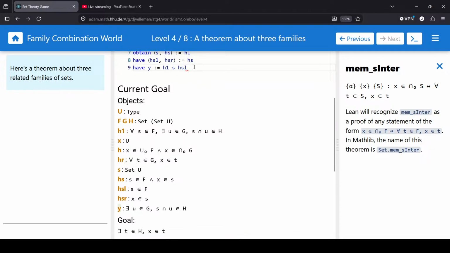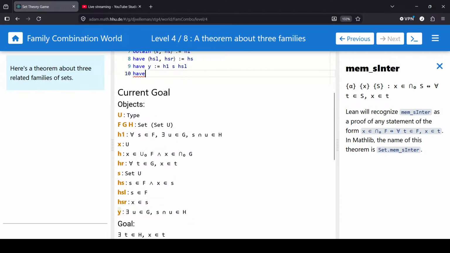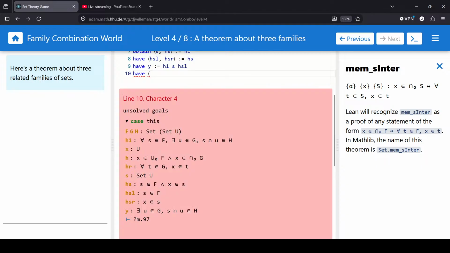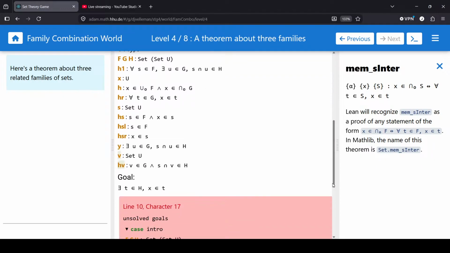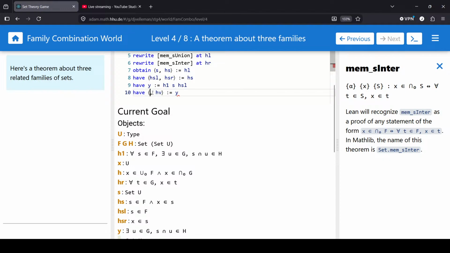Okay, now we need to break this guy down. Wait, we already have T. We already have U. Let's go with V. Then I can break down Y. Actually, I don't like V. V looks too similar to the OR operator. I'm renaming you. You're W now.